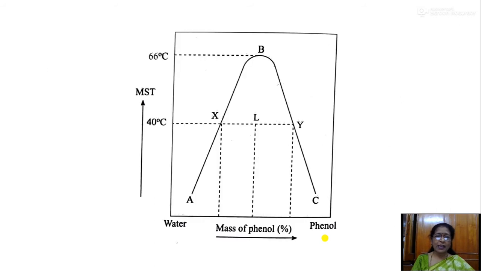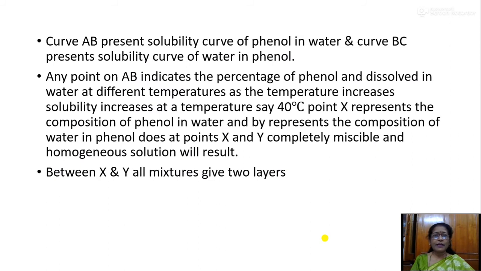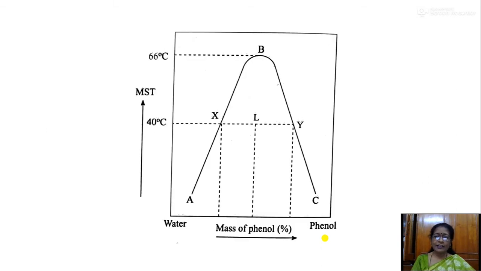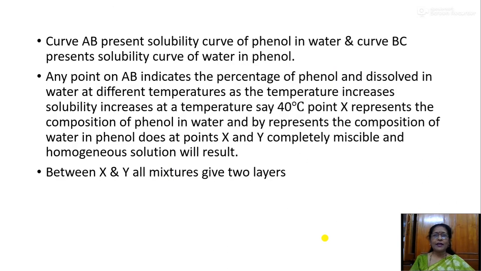Curve AB, on the left side, represents the solubility curve of phenol in water, and curve BC represents the solubility curve of water in phenol. Any point on AB indicates the percentage of phenol dissolved in water at a different temperature. As the temperature increases, solubility increases.